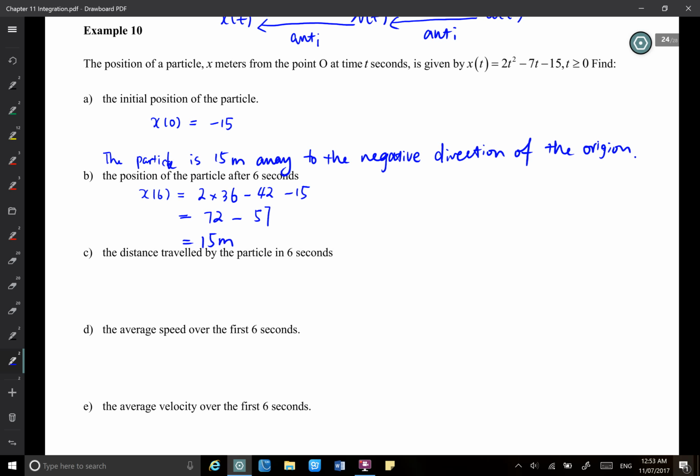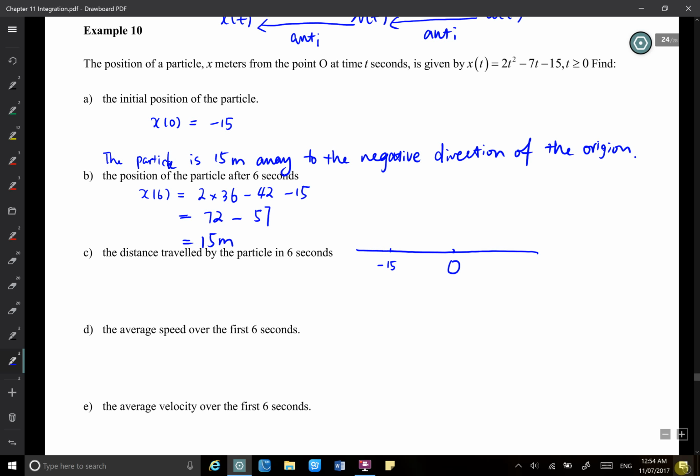Now we can think about the change in displacement. What's the change in displacement in the 6 seconds? So initially the particle is, let's just say negative direction is the left. So that's the origin.